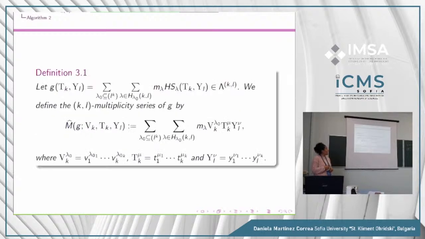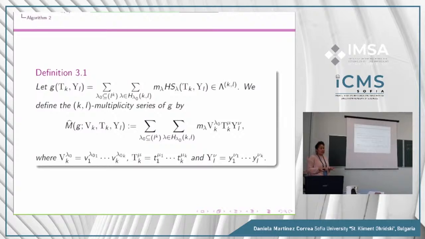Given an element in capital lambda KL, we define the KL multiplicity series like that. Note that here we use the decomposition of lambda into three partitions: lambda 0, mu, and nu. But note that, by the second result of this method, the double Hilbert series of a PI algebra is an element here.